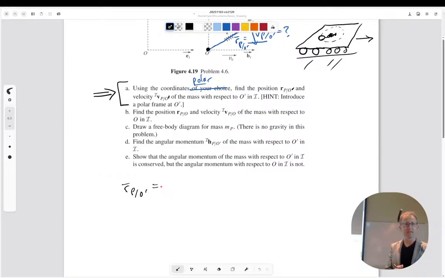How do we write that in terms of value and unit vector? Is there a theta times a unit vector or an r times a unit vector? What's our coordinate system now? R theta? So do we just write it as r theta?